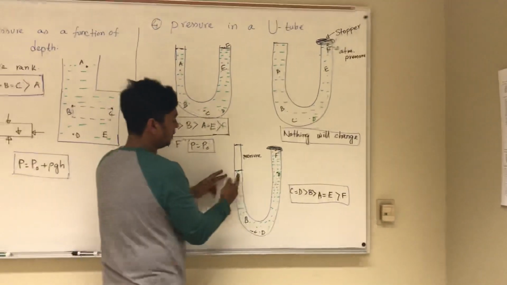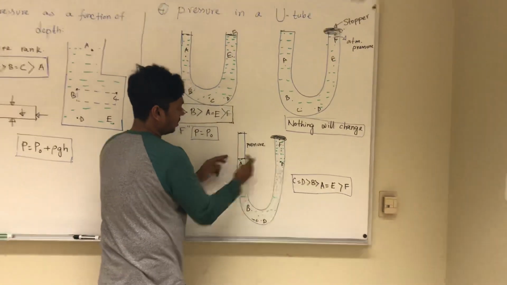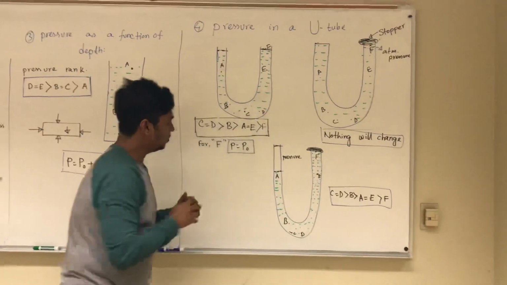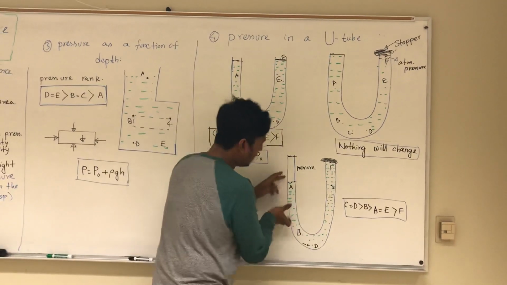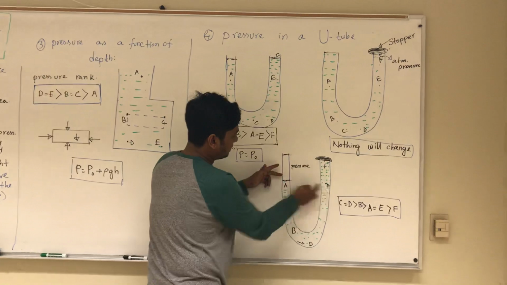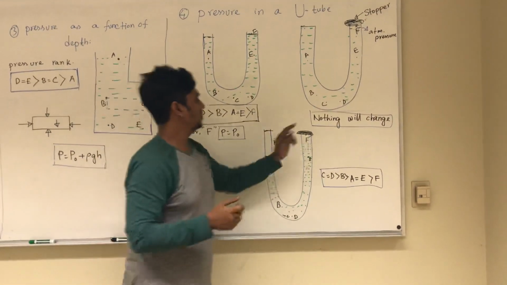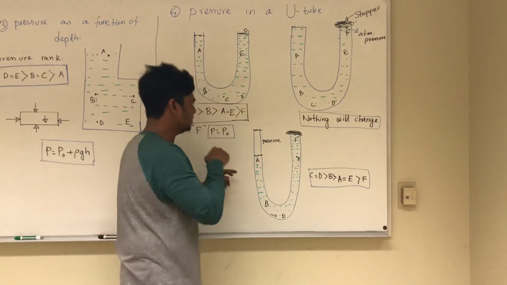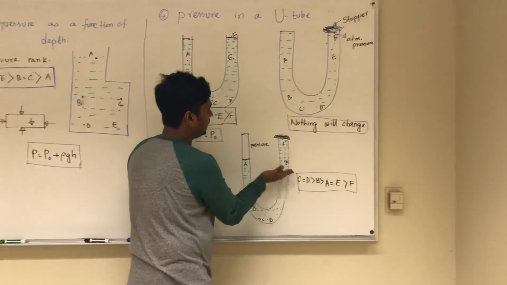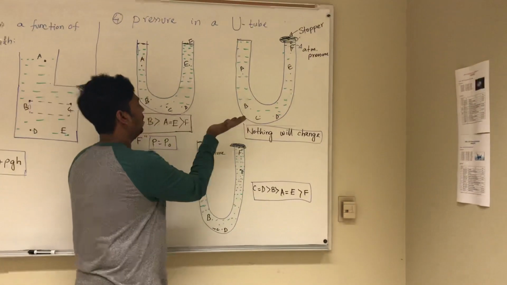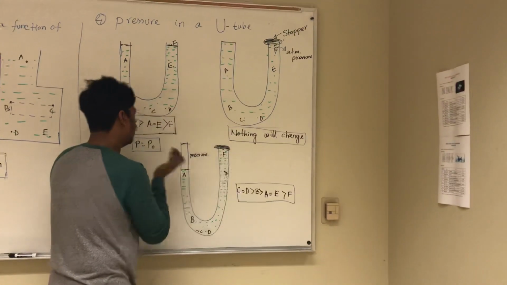Now the question comes: are the pressures of A and E equal? Yes, they are equal. As long as their height is the same, they will have the same pressure. What will happen to F? As we said, F is now on the upper side of the level.